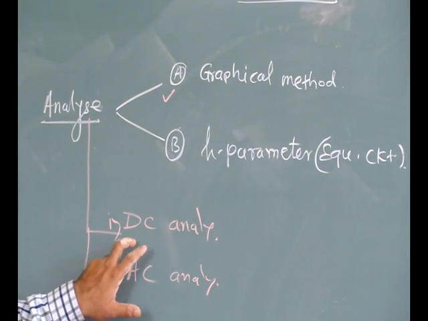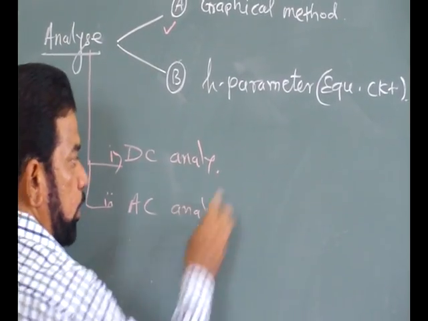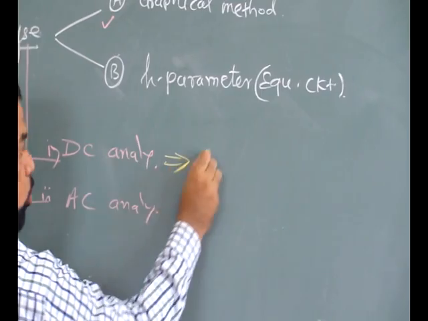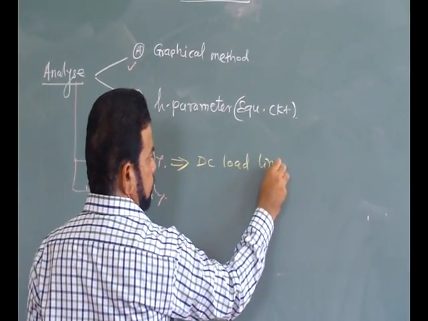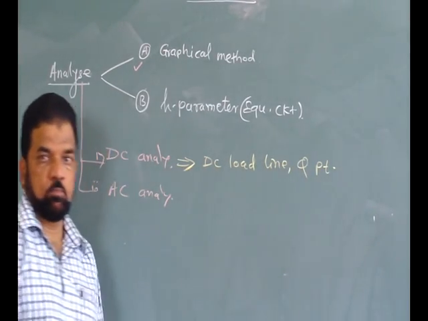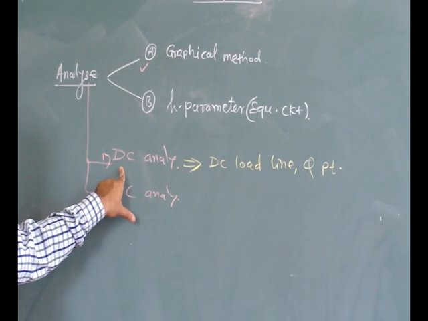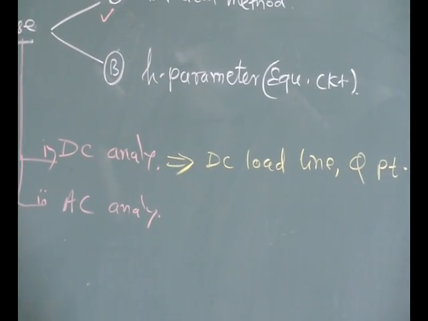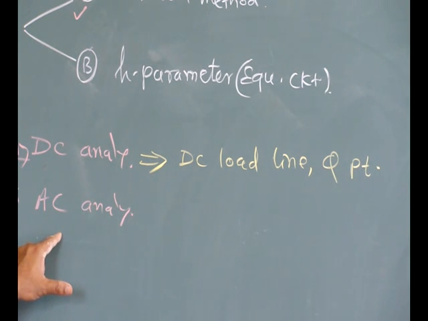Already we have covered this DC analysis. Here you have to draw a DC load line, which we have already drawn. Then we have to fix a Q point at the correct place. That is the DC analysis. Once your Q point is fixed, then you switch over to AC analysis.